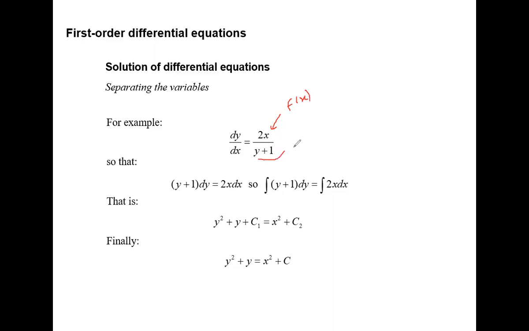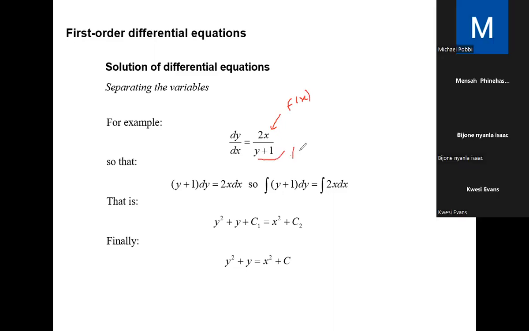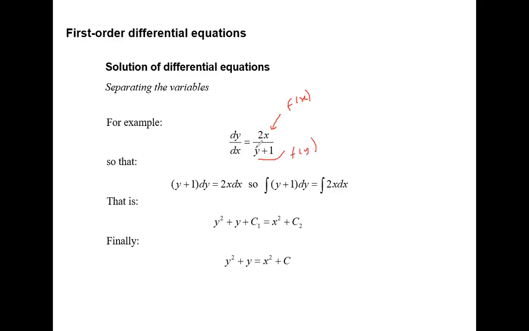So what we need to do is we want all the terms on the left to be in terms of y, whilst the ones on the right will be in terms of x. So by manipulation, if we multiply both sides by what? y plus 1.